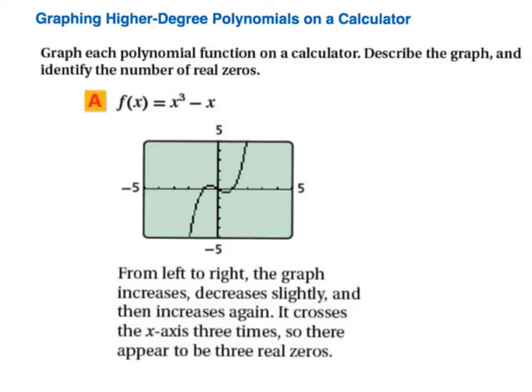If you hit zoom 9, it will create the graph for you. If you want to zoom in on the graph, which we're going to need to do in this case, you can hit zoom. There's the zoom menu on the screen, and then choose to zoom in.